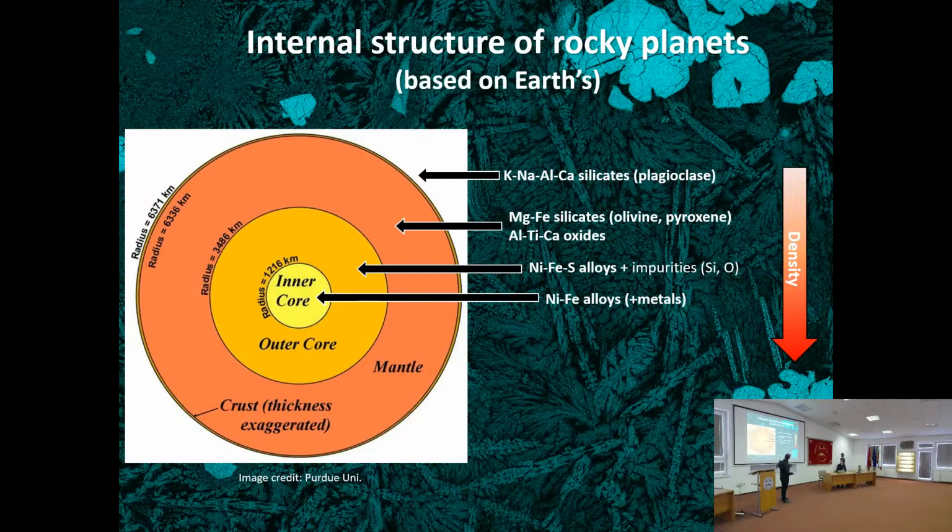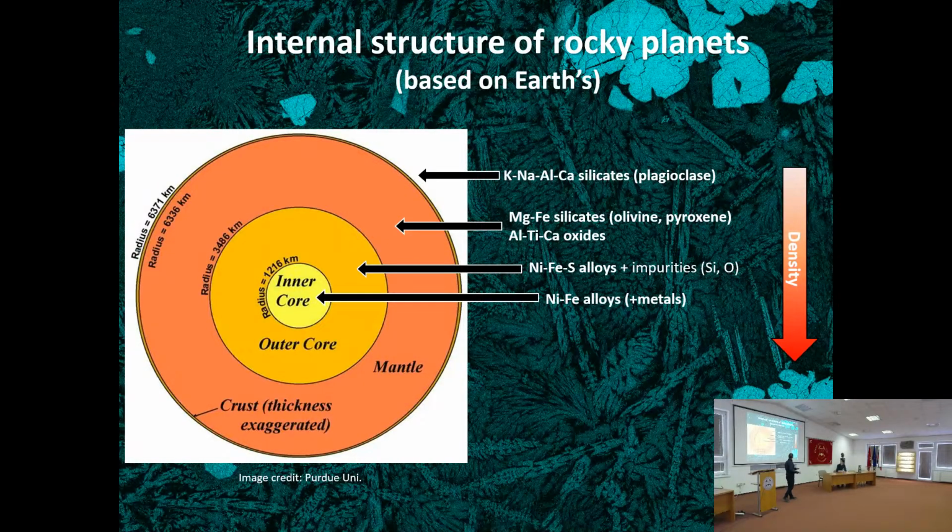At the surface, we have silicates containing light chemical elements: potassium, sodium, calcium. Then, deeper, in the mantle, we have silicates containing iron, magnesium, calcium, aluminium, titanium oxides.